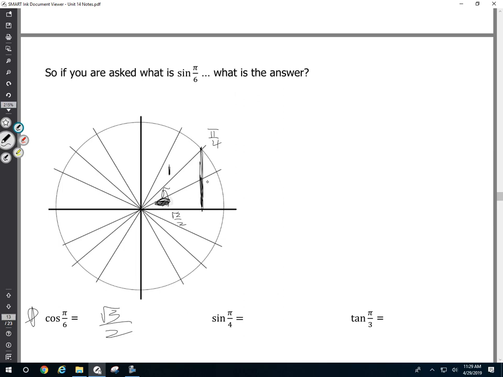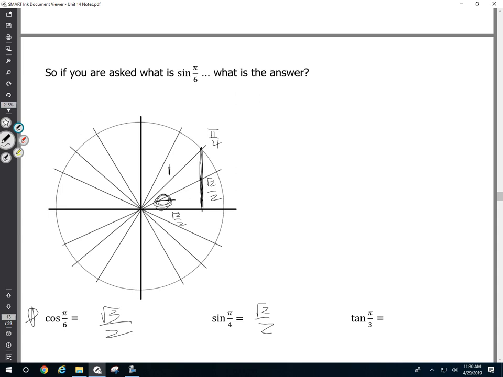Root 2 over 2, root 2 over 2. If we're talking about this angle here that is created between my angle and the x-axis, which is what we've been talking about, and we know sine is opposite over hypotenuse, what's the opposite side length? Root 2 over 2. Opposite over hypotenuse.